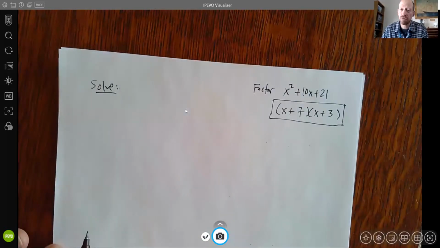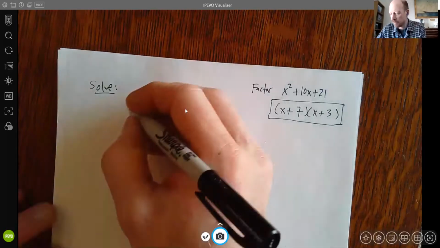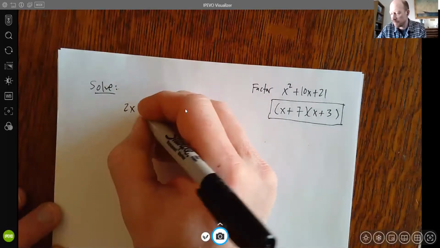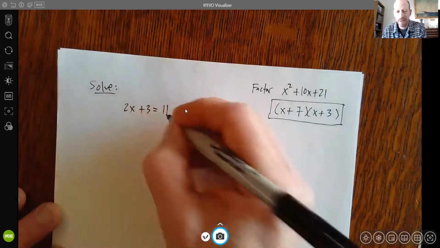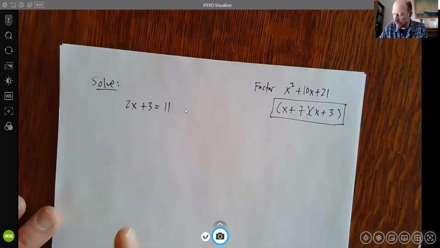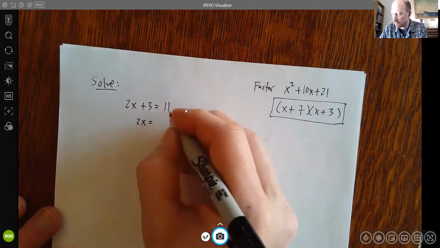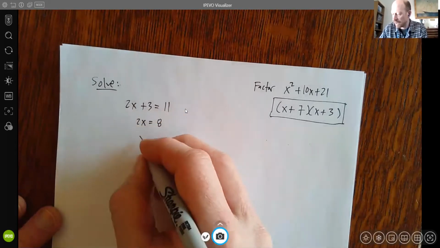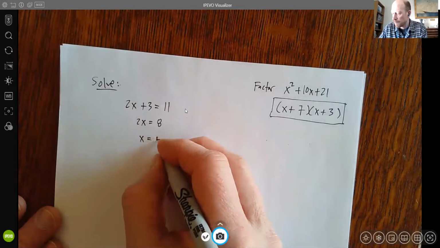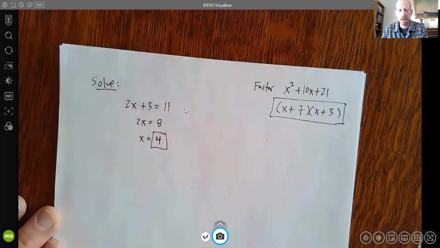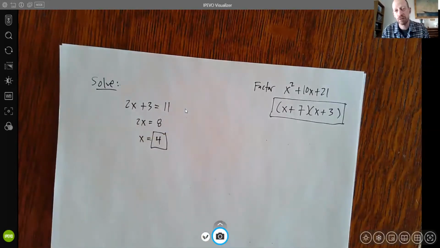Solving is finding solutions or finding values that make the equation true. So the answer to a solving question is going to be a number or a couple numbers. So if you solve something like this, well, we know how to do that one already, right? We subtract a 3 from both sides and we divide by 2. And our answer or our solution there is 4.